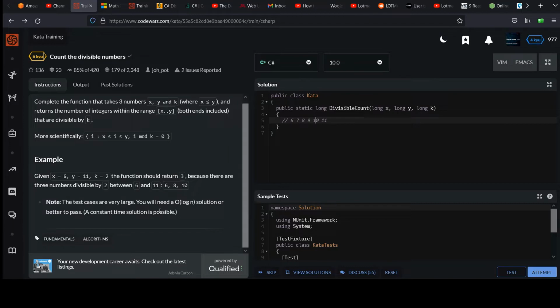So you don't need to know about time complexity per se, but if you think you're going to use LINQ and make an enumerable range across x and y, and build this gigantic set of numbers and then scan through them and modulo them to check, you're probably going to time out and run into trouble because the values get big. But part of learning is trying that. If you want to try that first just to see, go for it.